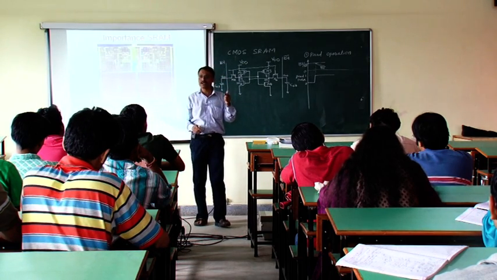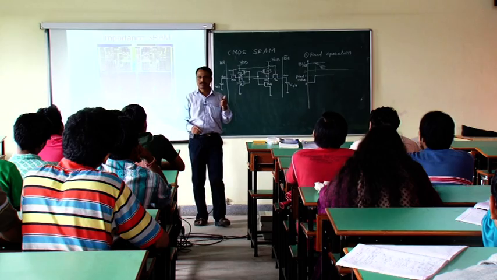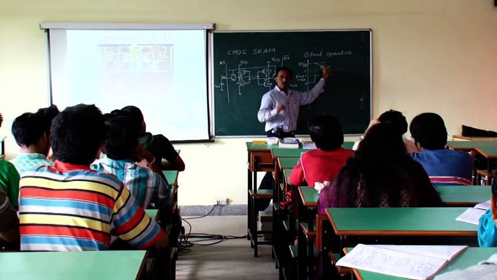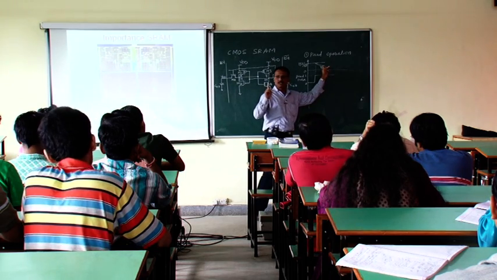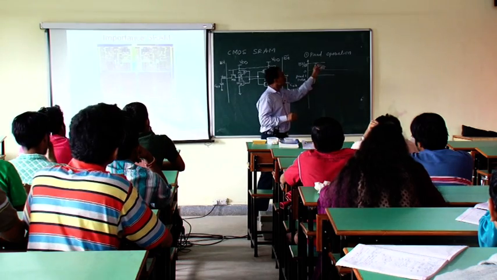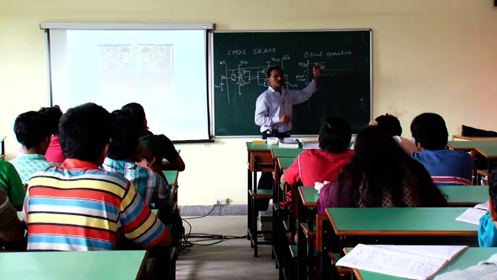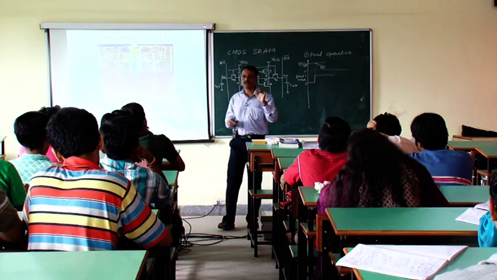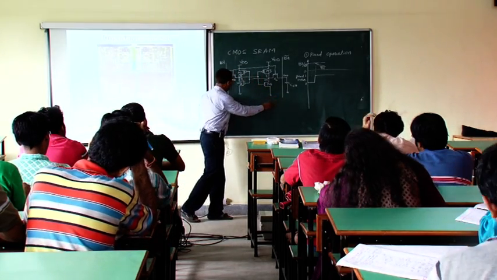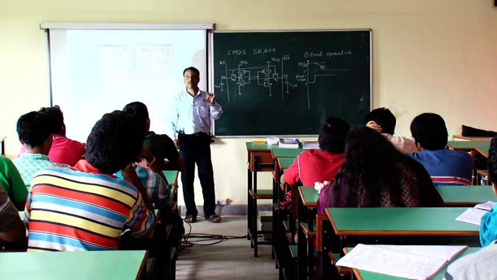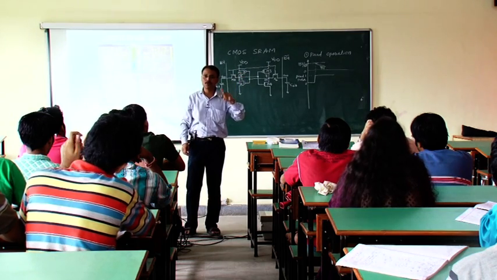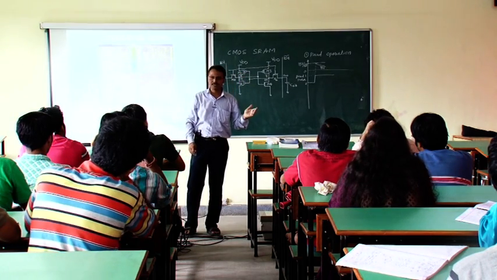What it means? How to read contents of memory? Decreasing bit bar indicates that information stored in memory cell is logic 1, yes or no? Got it? And this decrease is just of the order of millivolt, about 100 millivolt. Means if sense amplifier senses voltage difference between bit and bit bar line as 100 millivolt, then its output will switch either to logic 1 or logic 0 depending on what is stored in SRAM cell.